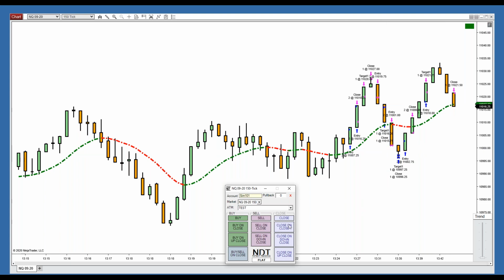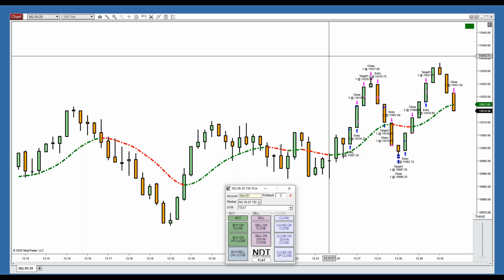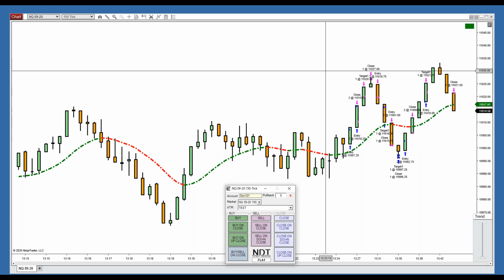Now, there are other options here if you trade Renko that I'm really not going to go into. Some Renko traders will want to close on close, irrespective of whether the candle closes to the upside or the downside.